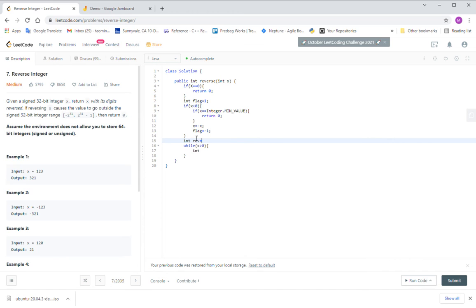in the beginning equals 0, as the initialized value. So the remainder will be x mod 10, right? And x will be divided by 10.